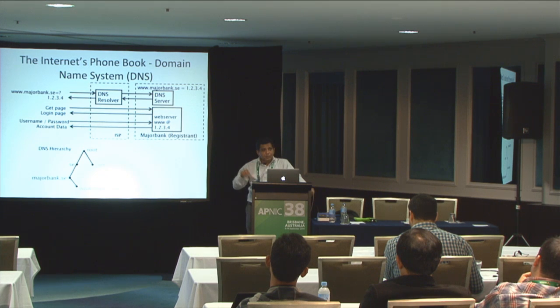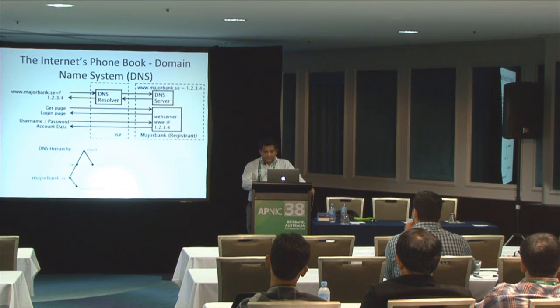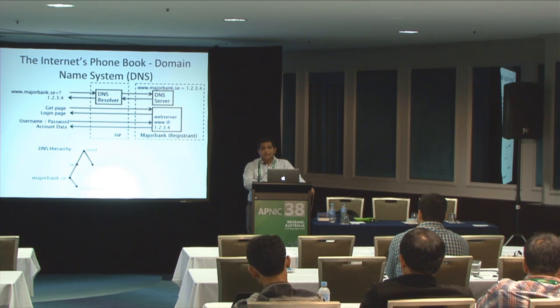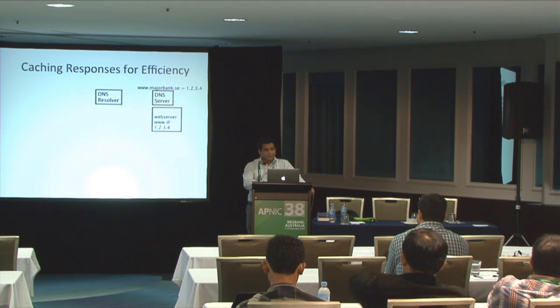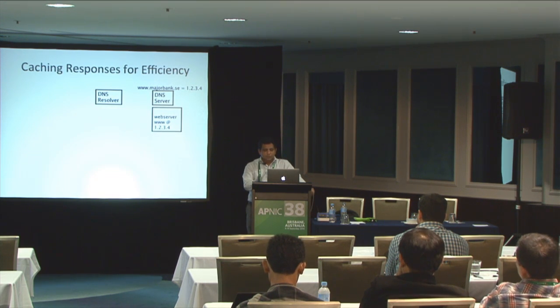Remember earlier I mentioned we have a proper structure. So the query would go first to the root servers, and then it would refer to the next level servers, which is .se in this case, and then majorbank.se, and the DNS servers over there would give the correct response. So that's the normal path.